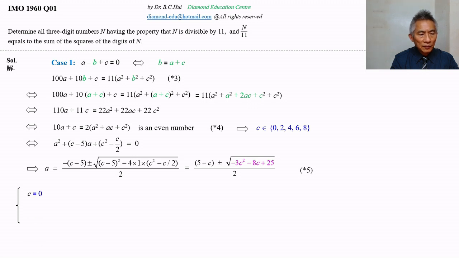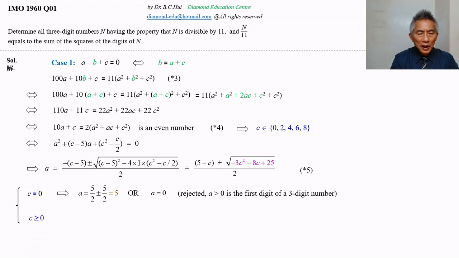So from here, we have the possibility c equals 0. If c equals 0 is the case, then a could be either 5 or 0. But a equals 0 is impossible because a is the first digit of the 3-digit number, which must be larger than 0.